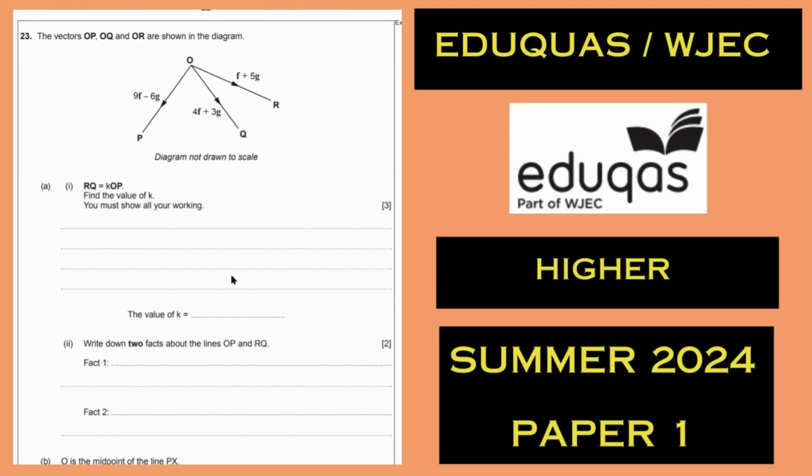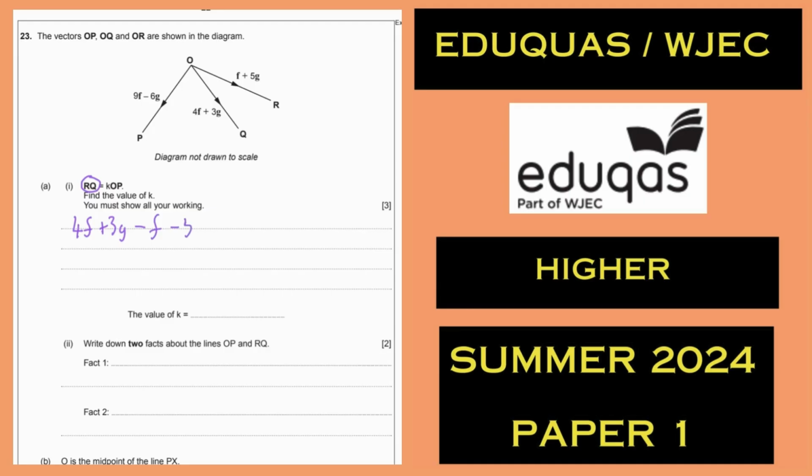Number 23, vectors, not drawn to scale, but use it as an idea. RQ, that's where I start. As soon as it says RQ, to go from R to Q, you do Q minus R. 4F plus 3G minus all this means all the signs must change.